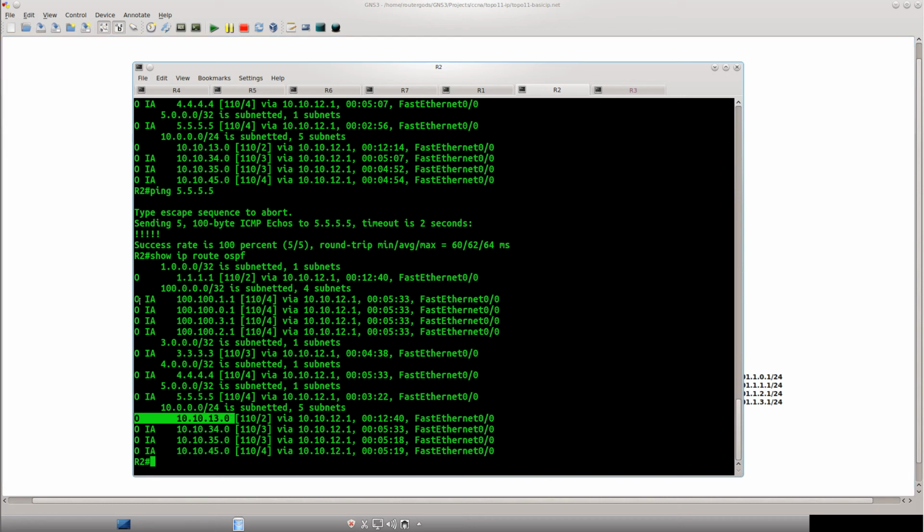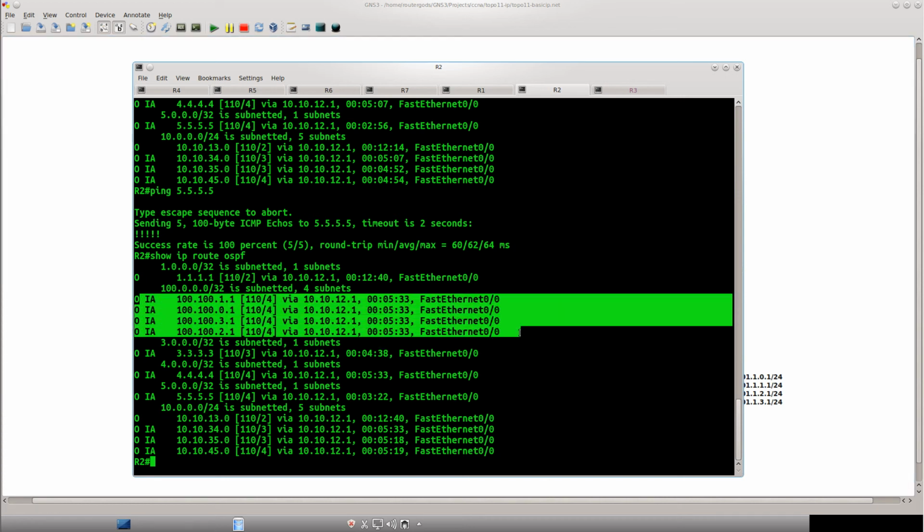Now, if you look at these, you're going to have O IA routes. IA routes mean inter-area. They came from outside of your area. In this case, it came from area 0. And this kind of makes sense.